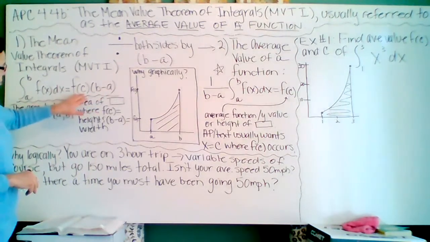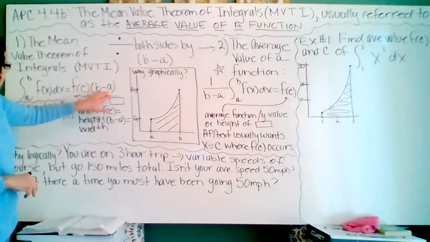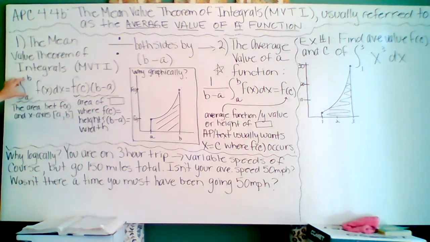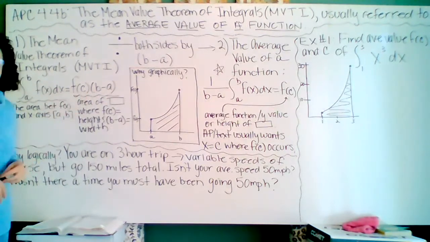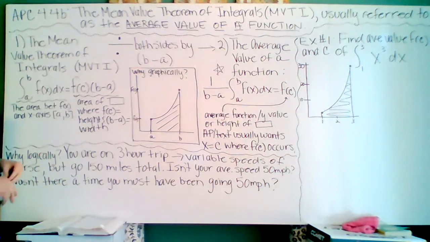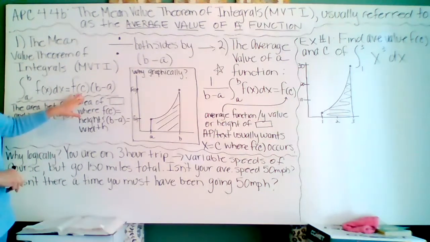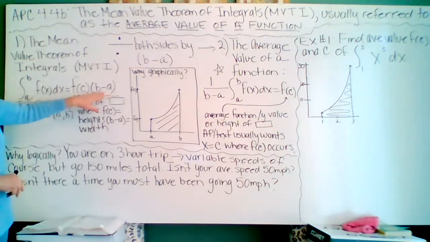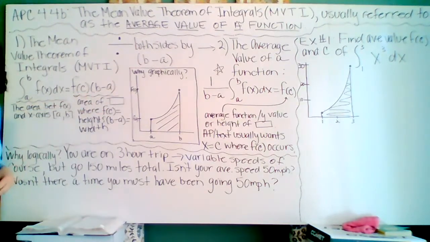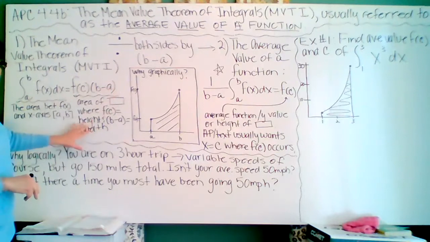It is equal to b minus a, the length of this interval, times f of c, which is a y value. So this is a base of a rectangle and a height, the area of a rectangle.